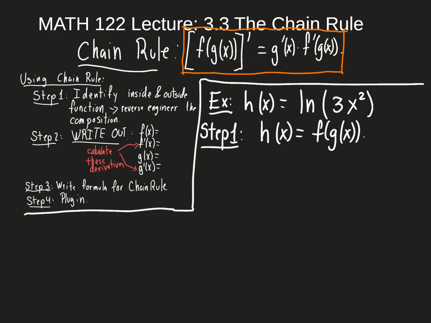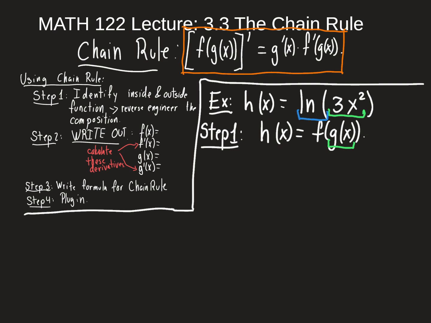And we need to figure out what f of x is going to be and what g of x is going to be. Now, a good plan for this, usually, is to look for anything that's inside the parentheses. And here we see that inside the parentheses, we have this 3x squared. And that will usually line up with your inside function, which in this case is going to be g of x. Once you've done that, you just look for whatever is on the outside of that.